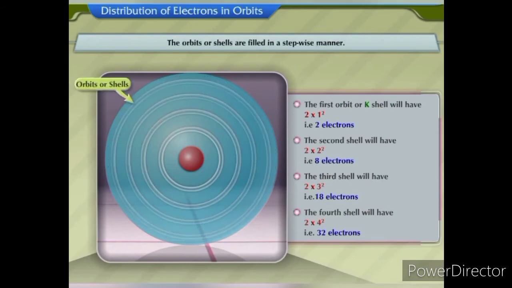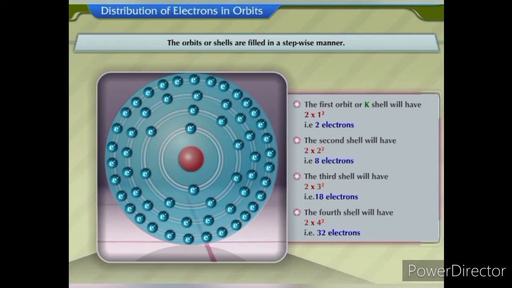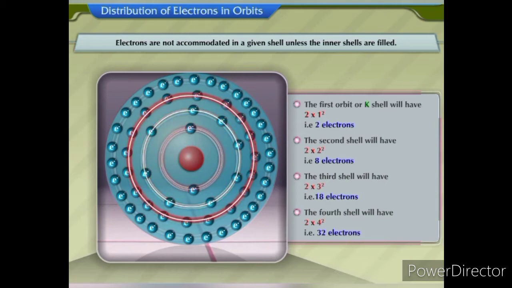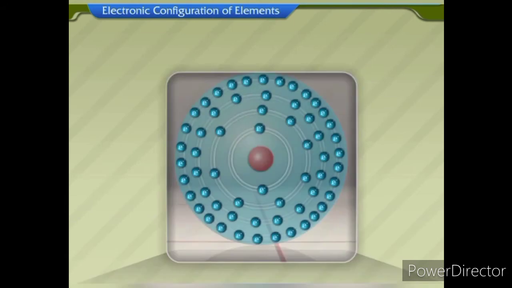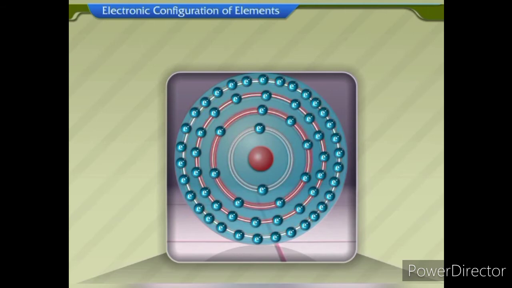The orbits or shells are filled in a stepwise manner. Electrons are not accommodated in a given shell unless the inner shells are filled. Electronic configuration of elements. The energy of every electron depends upon the shell that it occupies.